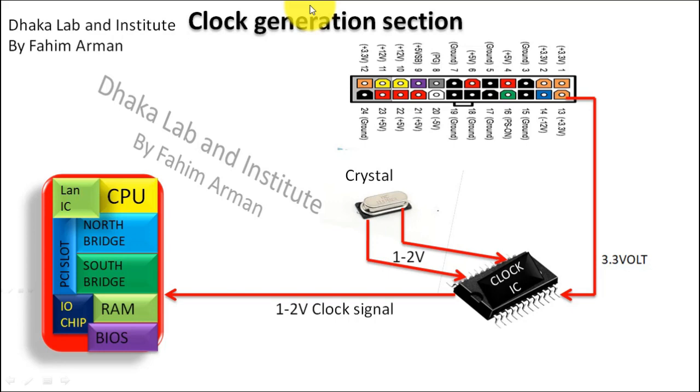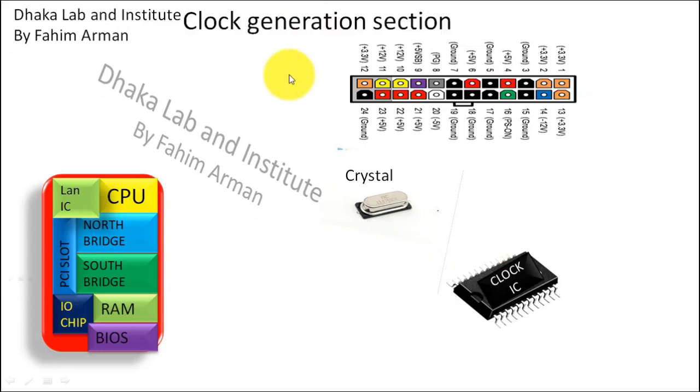So today I am discussing this, and we can see this is a desktop motherboard 24 pin ATX connector port, and in pin 13 there will be 3.3 volt, and this voltage will enter into this clock IC.